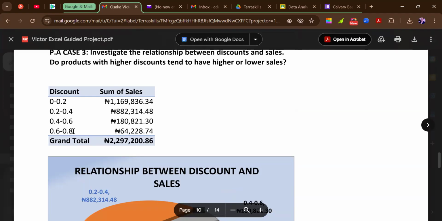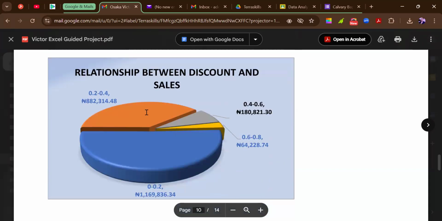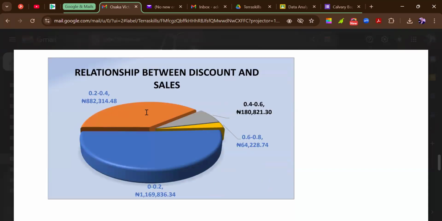After breaking it down, starting from zero to 0.2, the amount we got of sales. So that is it. From 0.2 to 0.4, the amount we got. So that's from the listing you can see there. So that's what I did.